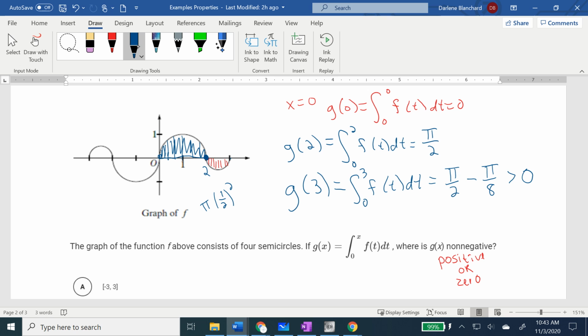Because I'm starting at 0 and I'm adding, making it bigger, bigger, bigger. And then I'm subtracting from that big amount, but I never subtract enough to counteract how much I added. So I am actually positive over that entire interval for my g of x function.